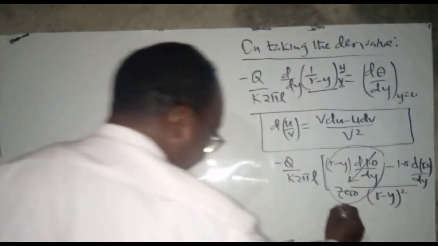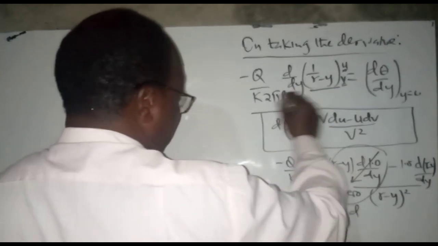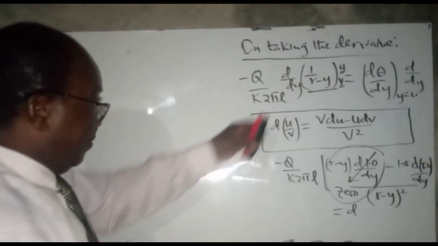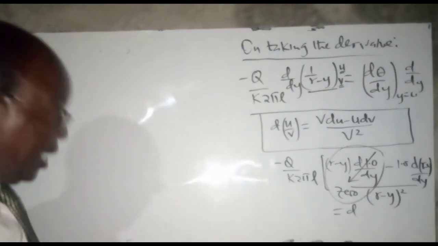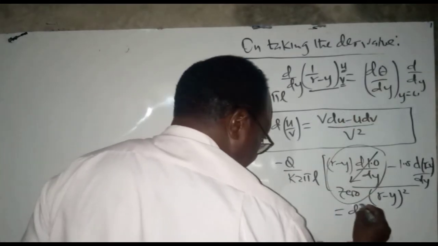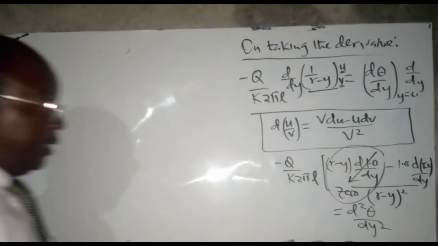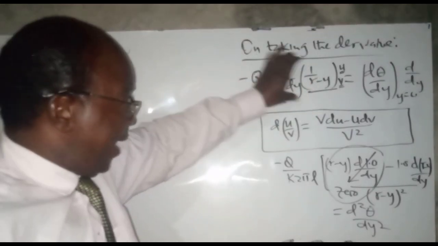And that, remember, is equal to d2 theta over dy squared. Because we have to take the derivative of both sides. We have taken the derivative of this side, so we must do that to balance our act. I repeat, we took the derivative of both sides with respect to y.